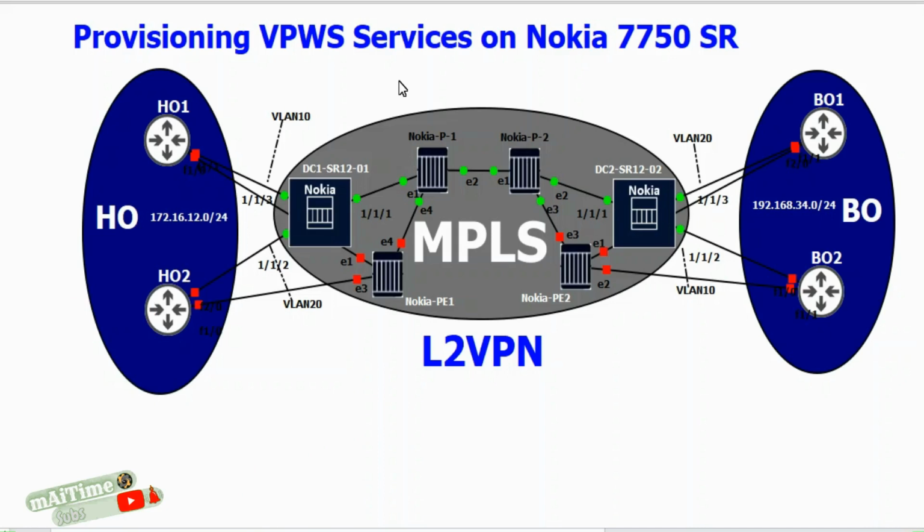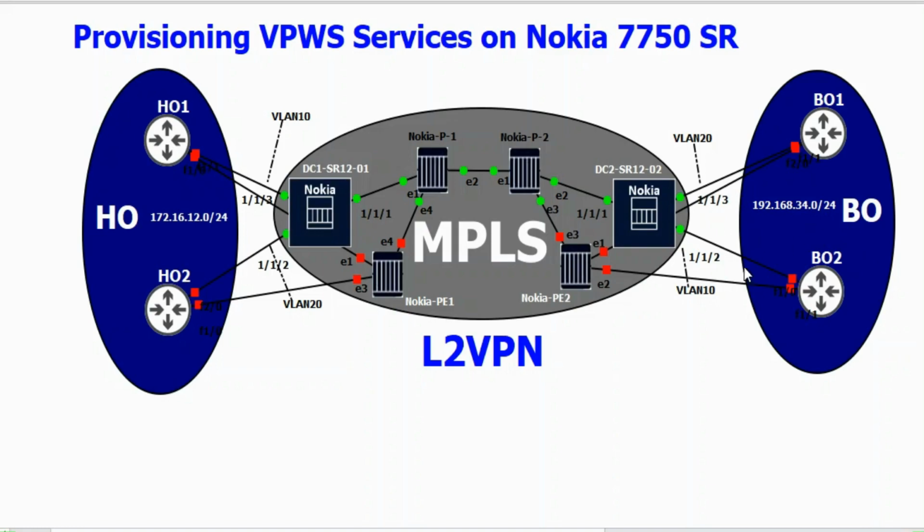Basically it is also called VPWS, virtual private wire service, but Nokia calls it EPIPE services. Here you can see we have DC1 and DC2. These two devices are the providers for the L2VPN from the head office and the branch office.